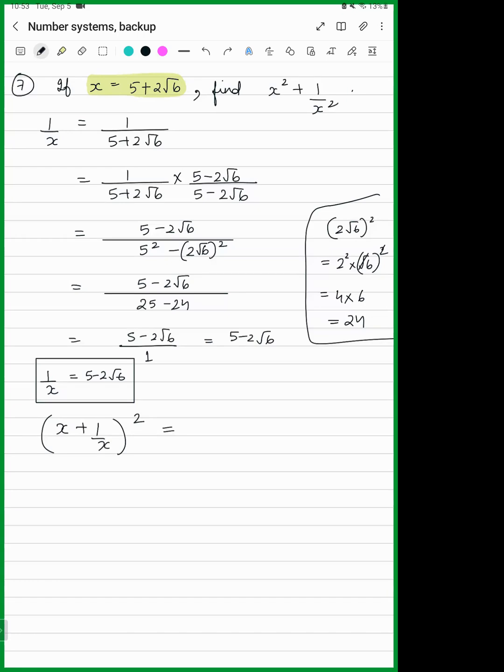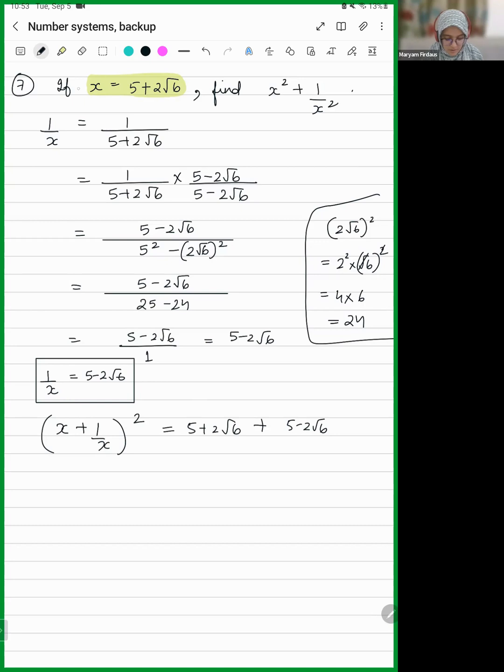Okay, so what is the value of x plus 1 by x whole square? Is it 49? Let's see. So x is 5 plus 2 root 6 plus 1 by x is 5 minus 2 root 6.